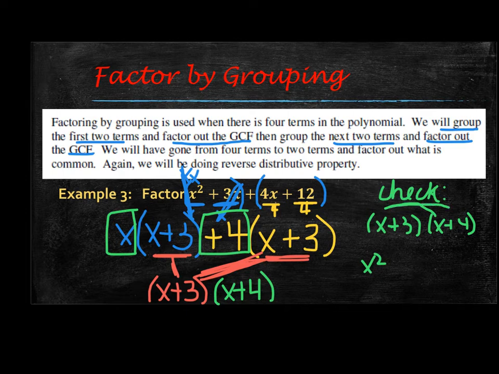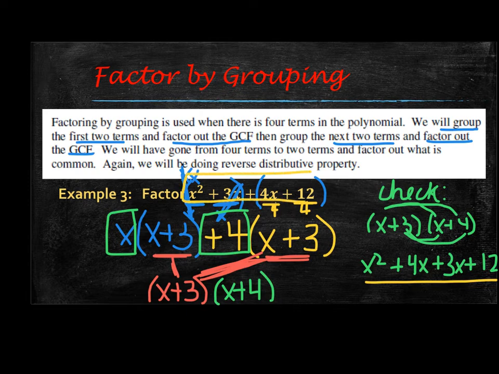Then you'd take x and multiply it times 4, which gives you that 4x. Then you'd take 3 times x, that gives you 3x. And then you'd do 3 times 4, which gives you 12. And you can see that this matches my original with the 4x and the 3x switched around. But again, this lets you check to make sure that you have the correct answer.